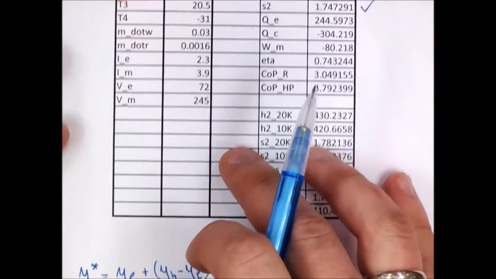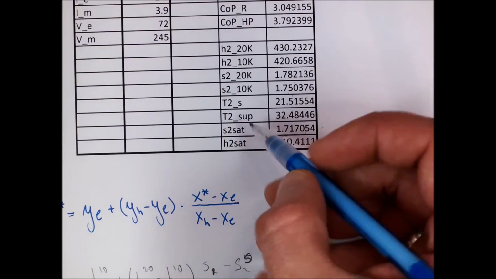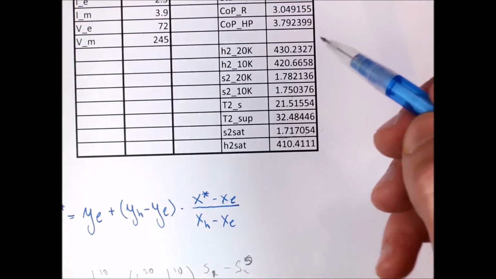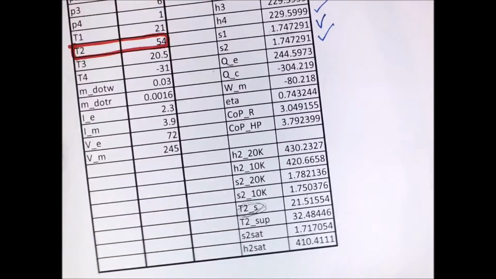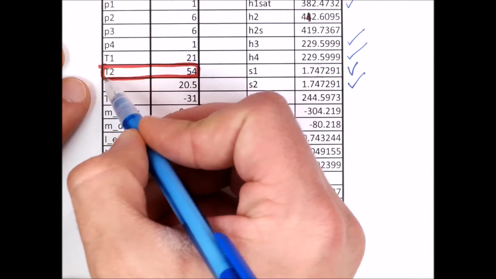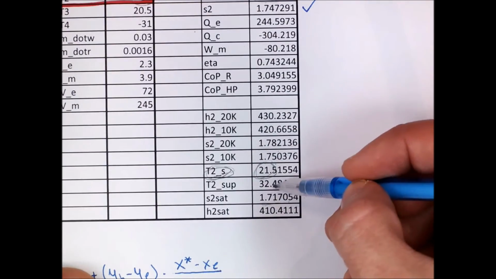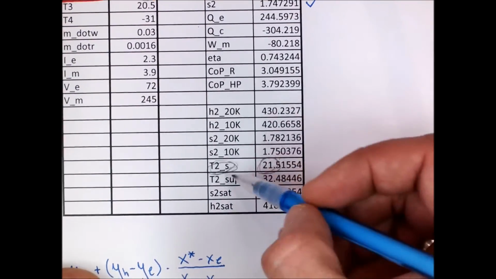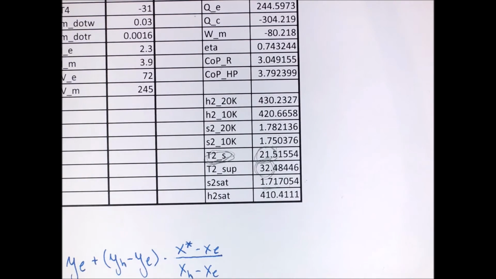Okay, so once we've obtained the interpolation, the saturated temperature at T2 there, we can say, wait a minute, we know that our actual temperature is 54 degrees Celsius and our saturated temperature is 21 degrees Celsius. That means there's quite a massive discrepancy here. So we can obtain this value of 32 degrees Celsius of superheat.